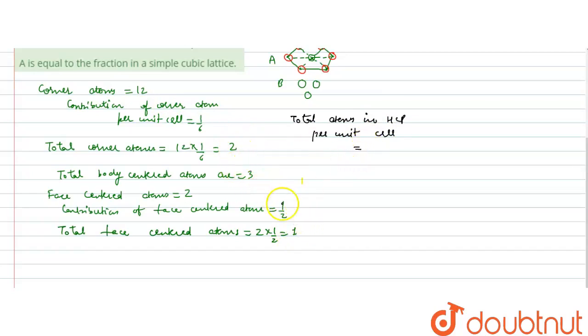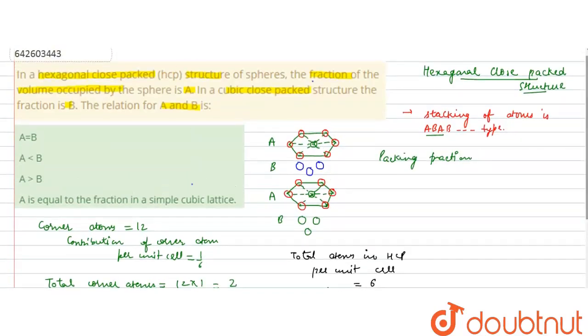So it will be 3 plus 2 plus 1, that is 6. It means Z is equal to 6, that is total number of atoms would be 6 for the hexagonal close packed structure. And the packing fraction we have to calculate, that would be the volume of the atoms upon volume of the hexagon.